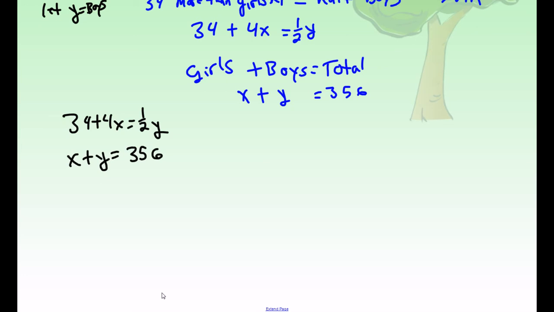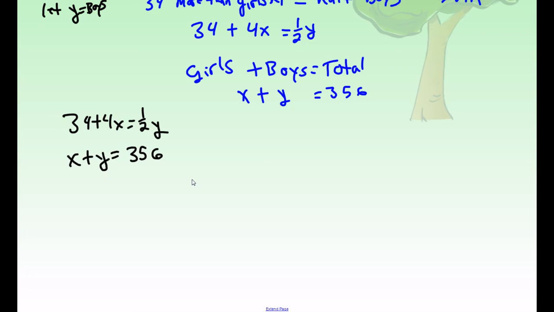My personal opinion here, I would solve using substitution. I see that this second equation, if I do one step, like subtract y or subtract x, that gets one of the variables by itself, then I can plug it in, solve, and I get my answer. I think the substitution method is probably the best method here.